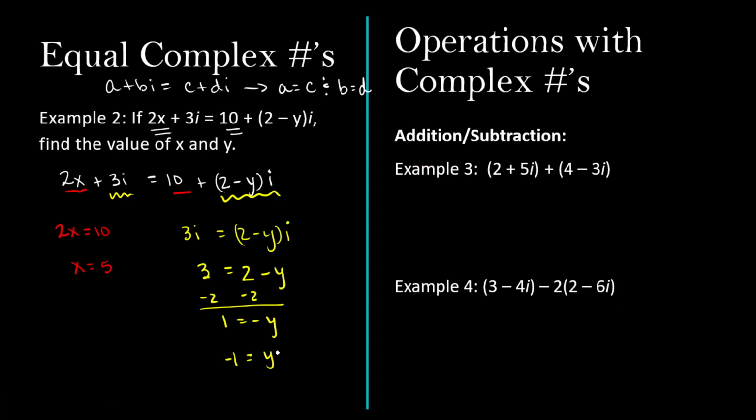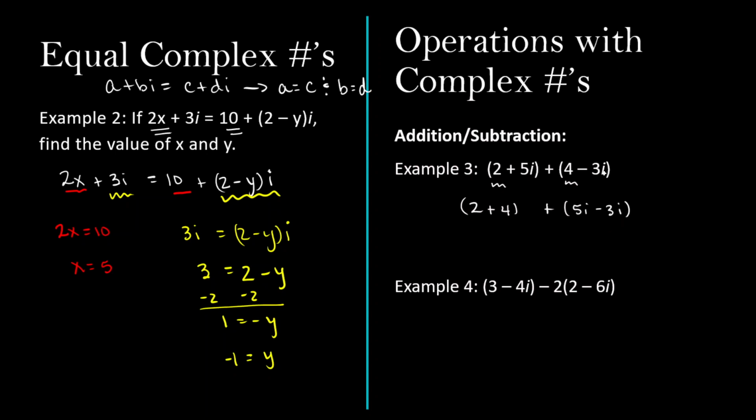Okay. All right, now we can also combine complex numbers with addition, subtraction, and multiplication. So when we're adding and subtracting them, we really are just thinking about them as like terms. So I'm going to have the real part, and then I'm going to have the imaginary part.